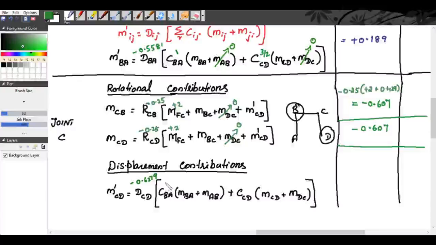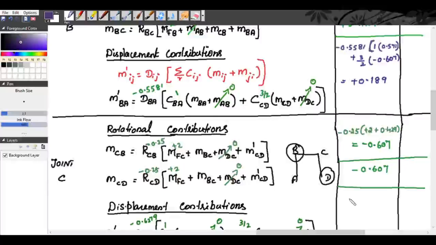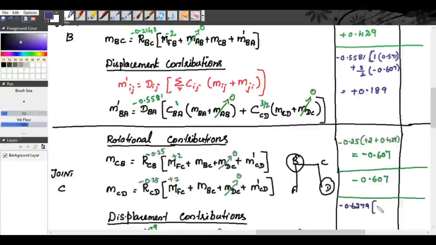CBA, see, the remaining things are same. CBA is 1, MAB is always equal to 0, CCD is 3 by 2, MDC is always equal to 0. So, what we get is minus 0.6279 multiplied by 1 into 0.571 plus 3 by 2 into minus 0.607.